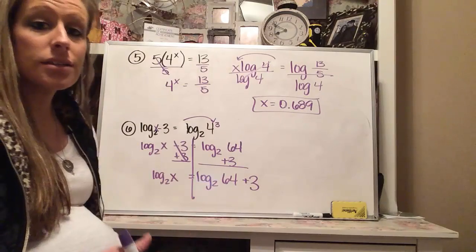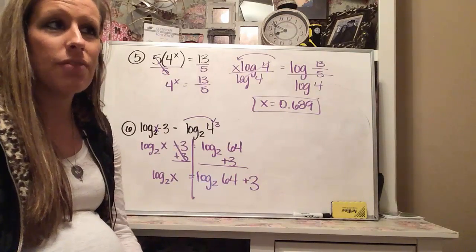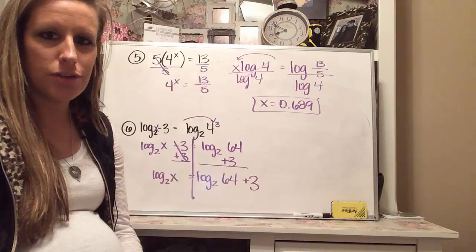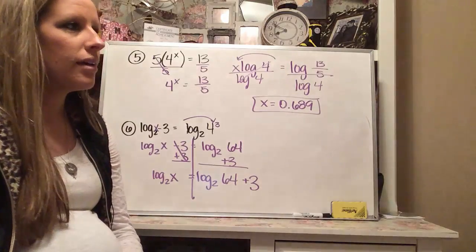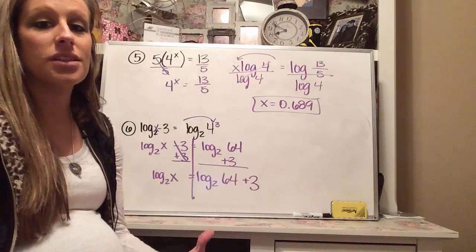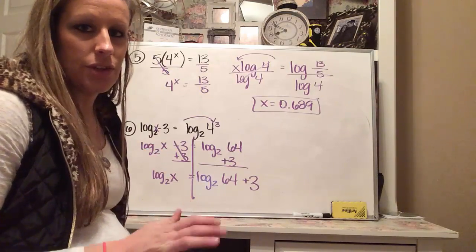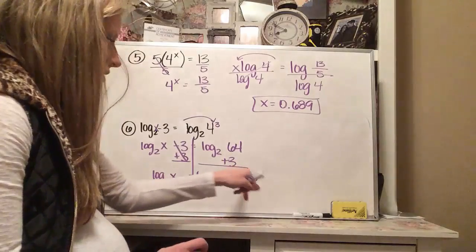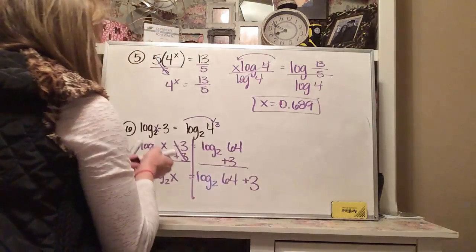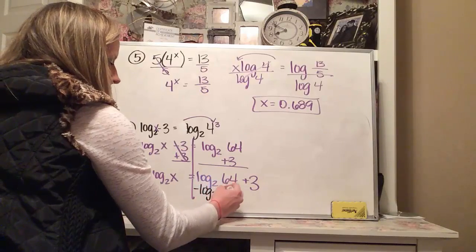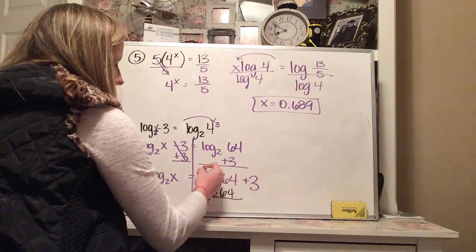And you want your logs to be on the same side, if you remember that from last week. That's where we kind of started this whole log thing. You need your logs on the same side, especially if you have a non-log term like this 3. So what I'm going to do is subtract this log base 2 of 64 and move it to the other side.